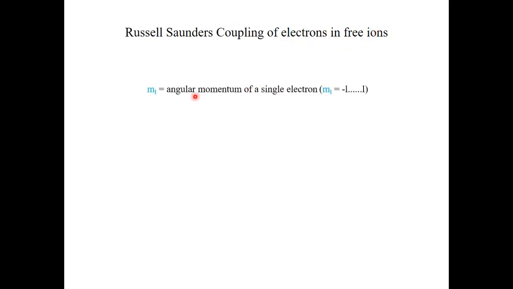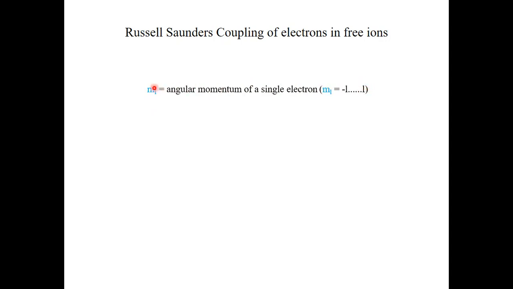The angular momentum of a single electron is defined by the quantum number ml, whereby ml can run between minus l and l. So for instance, if you have a d orbital, then l is 2, right?